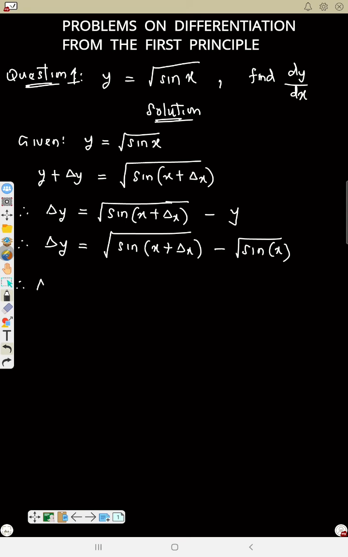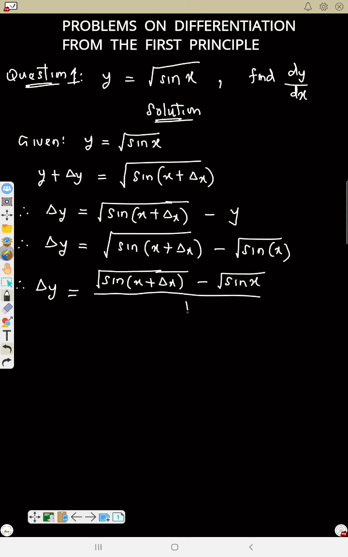So this is delta y is equal to square root of sine of x plus delta x minus square root of sine x, divided by 1.